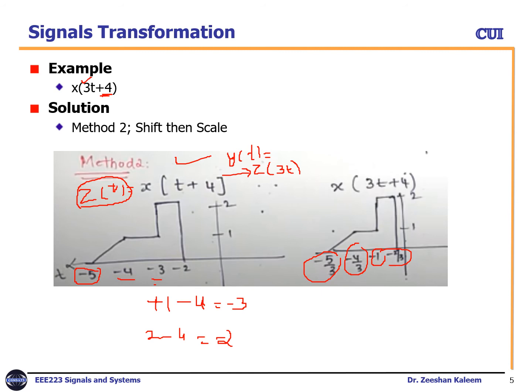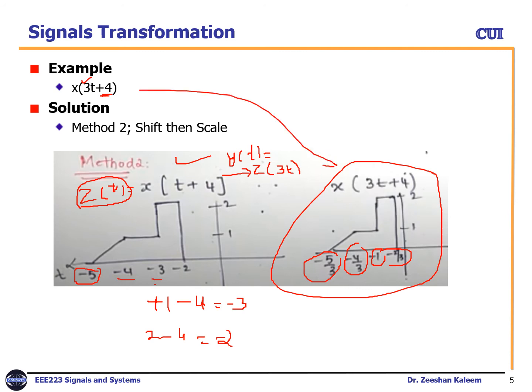If you check and verify from the previous slide, we obtained similar results for this x of 3t plus 4 by using two different methods. This is one of the important methods, a combination of scaling and shifting, but we can solve the similar example in two different ways. One is called scale and shift and the other is called shift and scale.